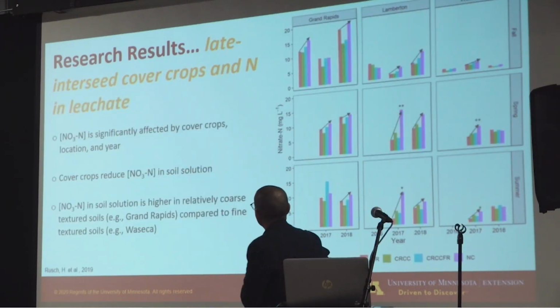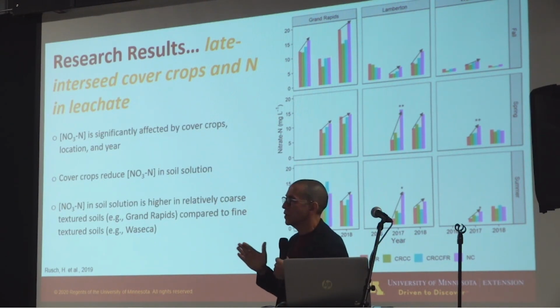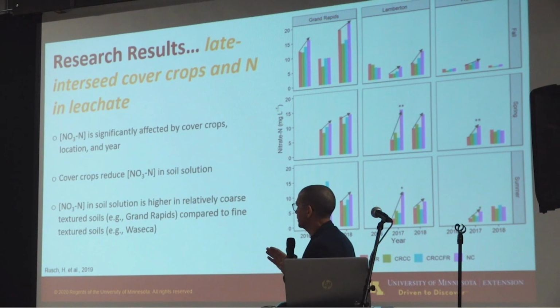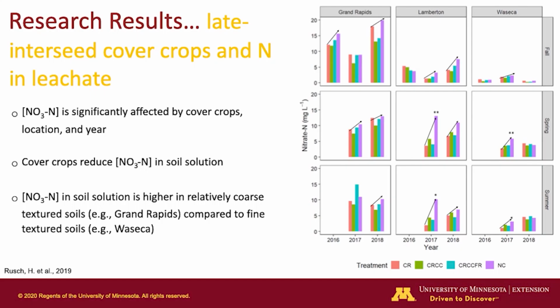But this is the interesting thing. We know that the different seeding dates for cover crops in corn are not telling us too much yet, but I will show you what we are doing right now in a minute. But we also know that they can help the environment.